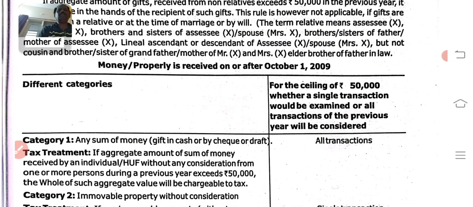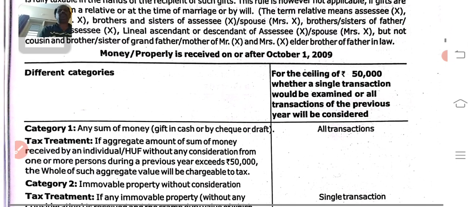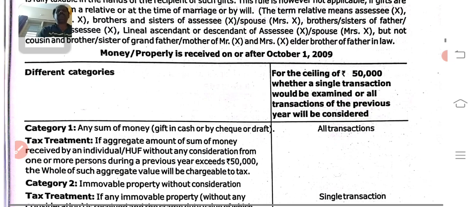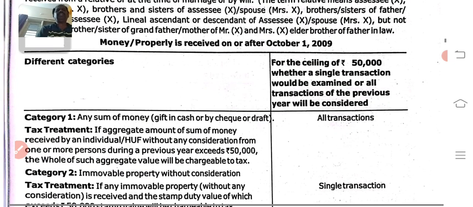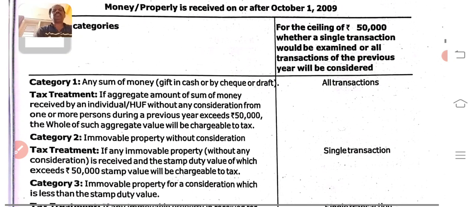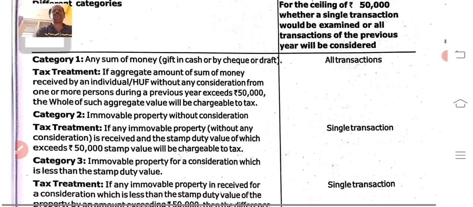So, what is the money or property received on or after October 1, 2009? There are different categories. For the ceiling of 50,000, whether a single transaction would be examined or all transactions of the previous year considered. Category 1.